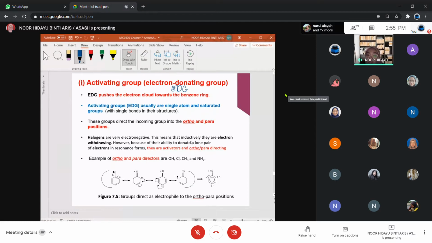This means that inductively they are electron withdrawing. However, because of their ability to donate a lone pair of electrons in resonance form, they are activators and ortho-para directing. Okay, yang ni kita highlightkan dulu. Right, so examples of ortho and para directors are OH, Cl, CH3 and NH2.